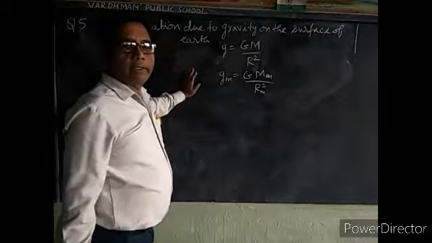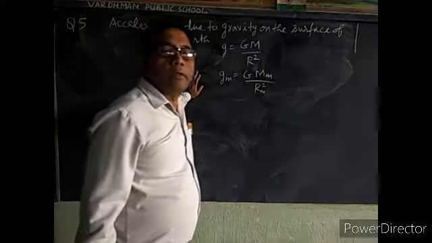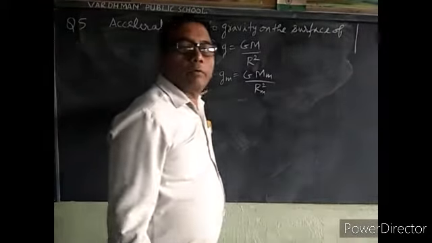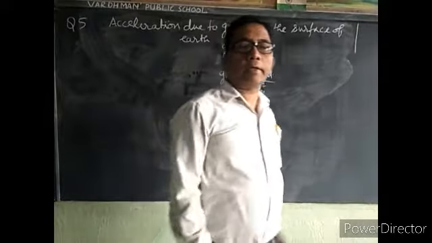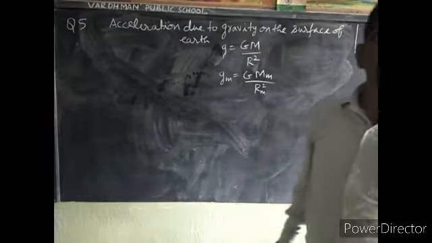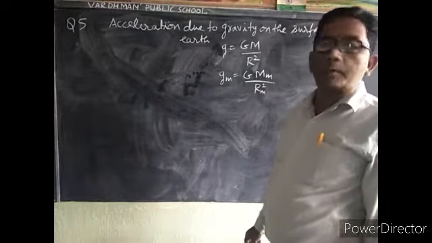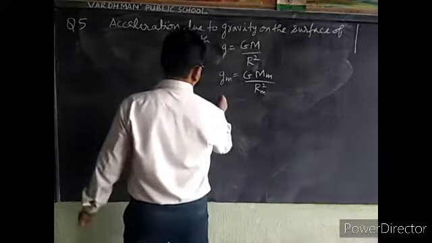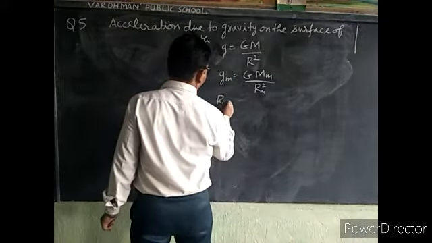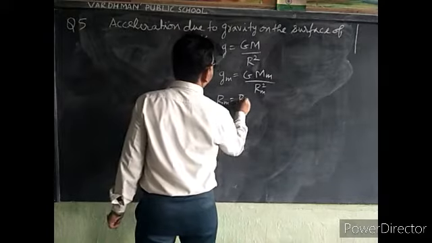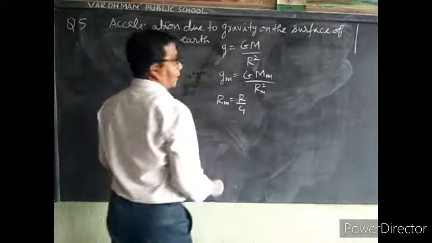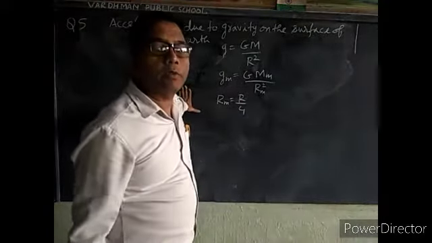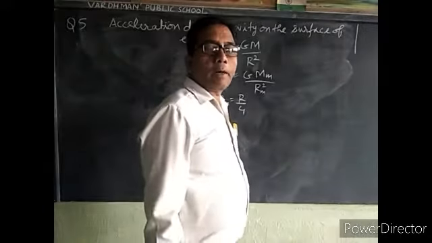It is given that its radius is 1/4 of the radius of the earth, radius Rm is equal to R by 4, and its mass is 1/96 the mass of the earth.